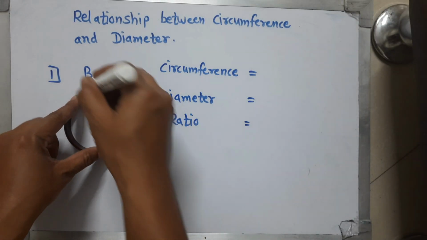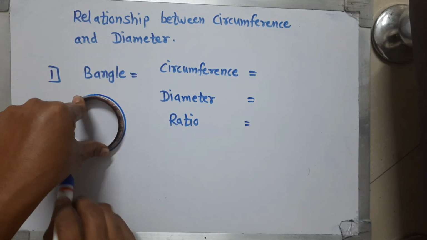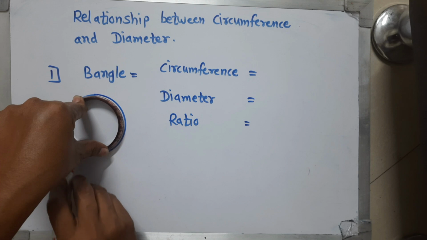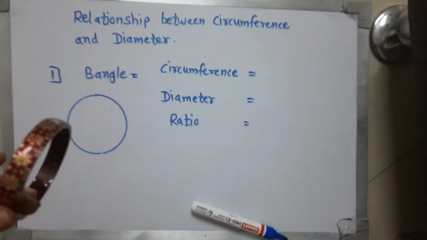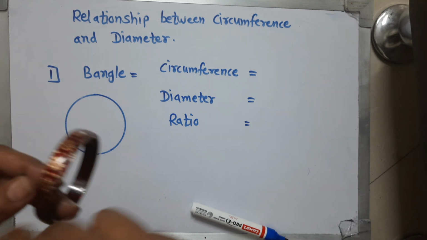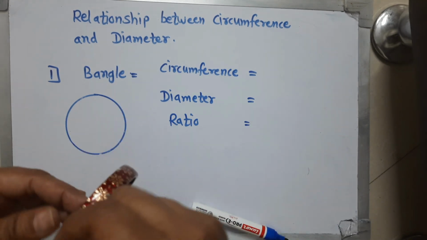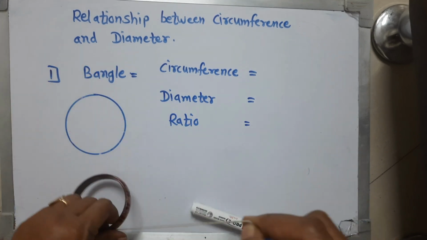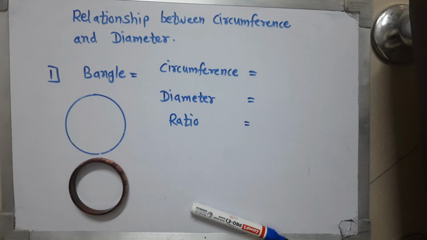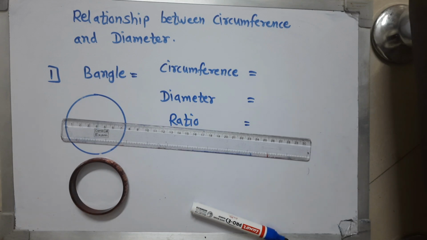First activity: I take a bangle and draw a circle on a paper and use a thread. Measure the circumference of the bangle. Taking the measurement of circumference, I use scale to measure the thread.